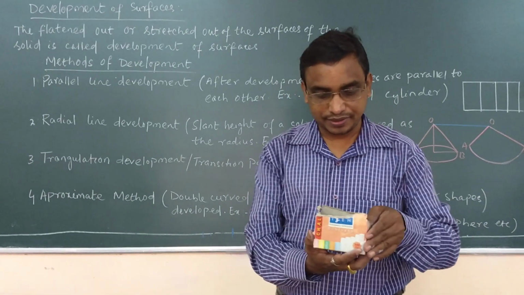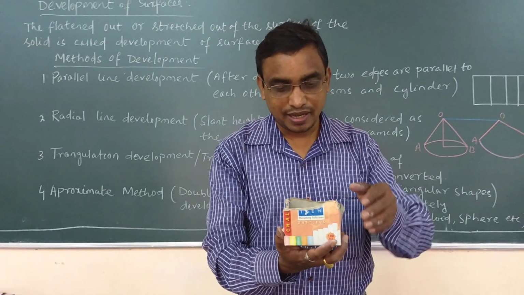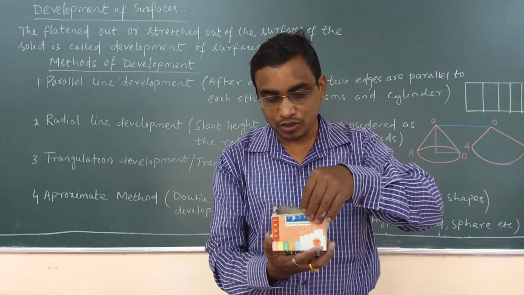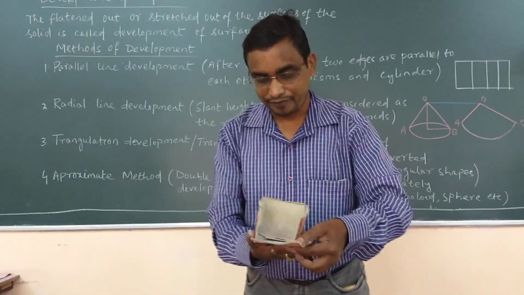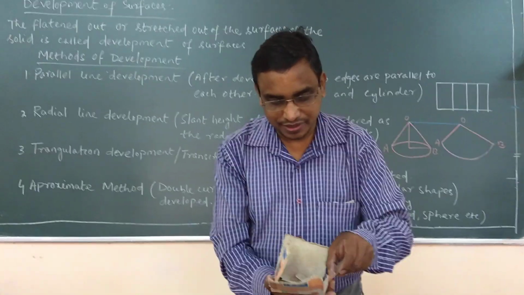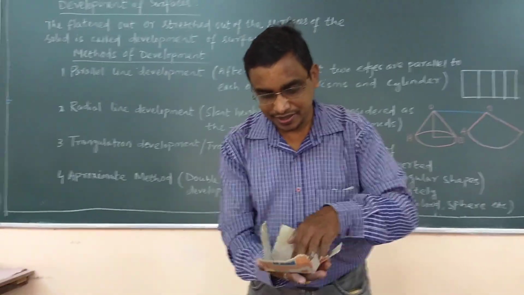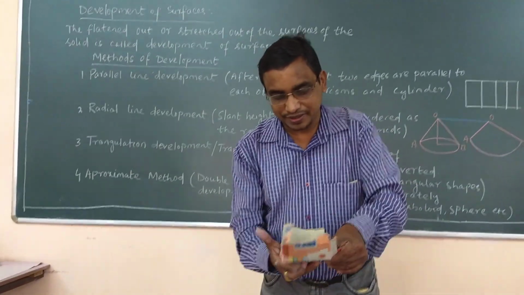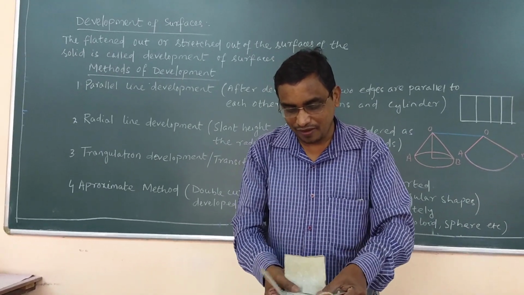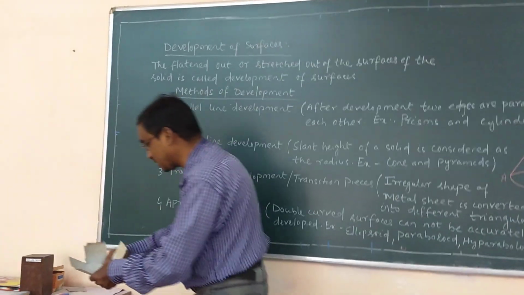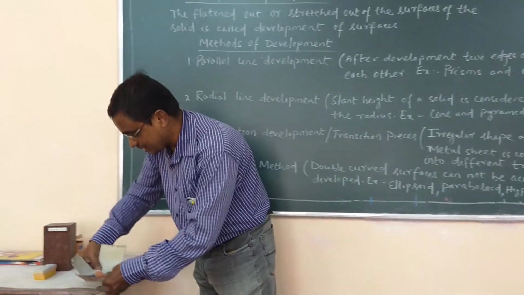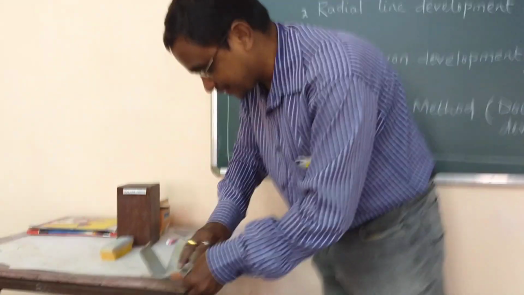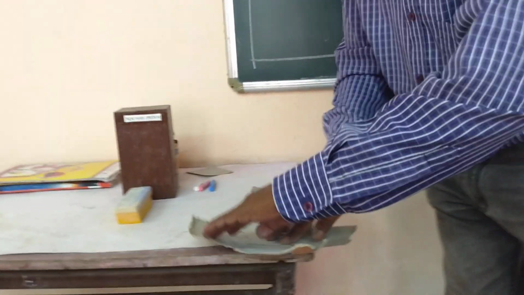Just mark a solid; I flatten out or stretch out one surface, second surface, third surface and fourth surface. Now the entire solid becomes a plane when I stretch it.